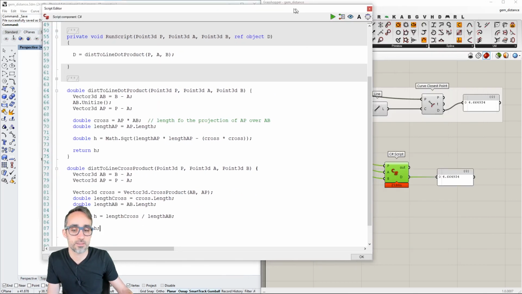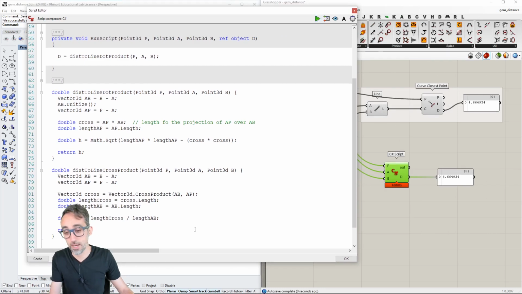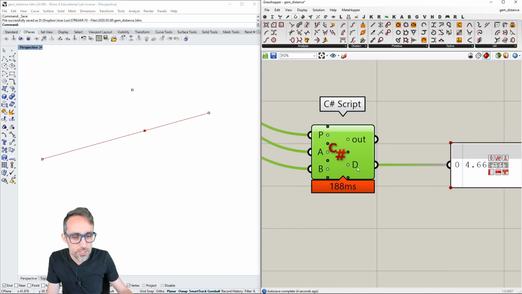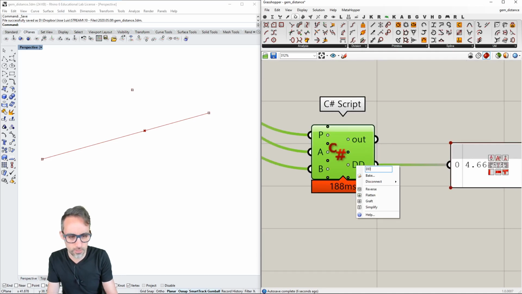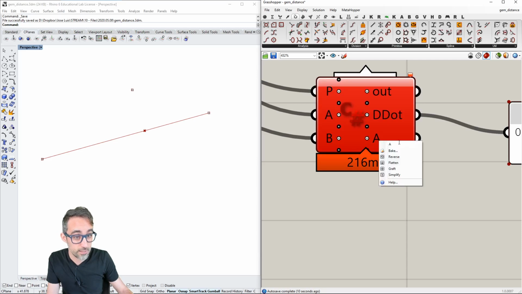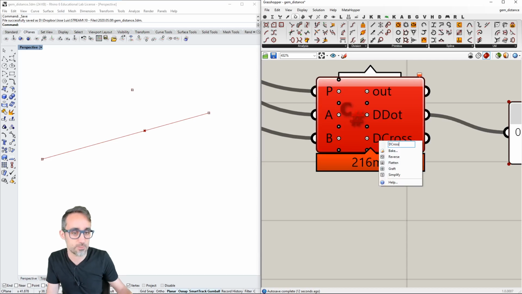Let me see if this works. First, are there any errors? Nope, I didn't have any errors or typos. And then I'm going to reshape these outputs: this one is going to be distance by the dot product, and the other one is going to be distance by the cross product.